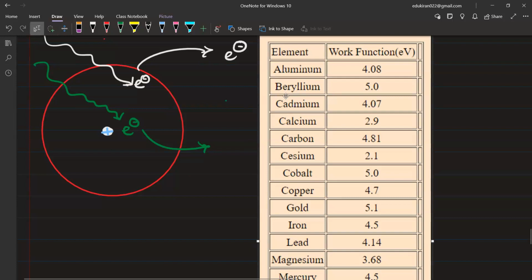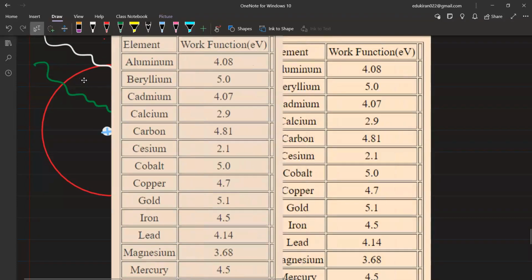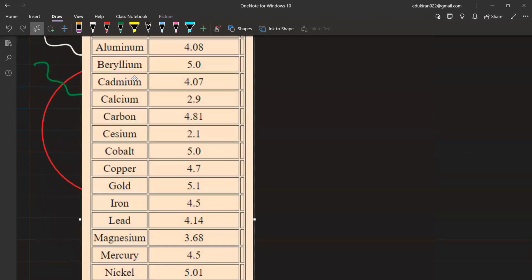So you have here the elements and their work function in electron volts. I'm hiding this atom because we don't need it right now. I will take a few elements from here: beryllium, calcium, and magnesium.